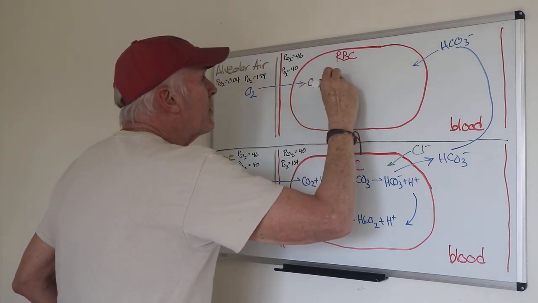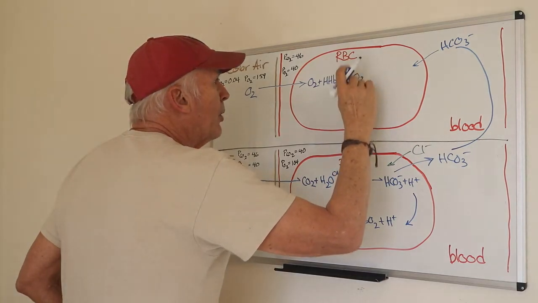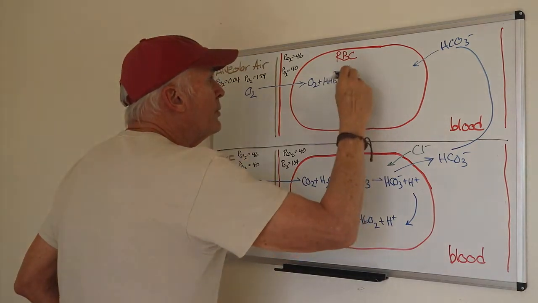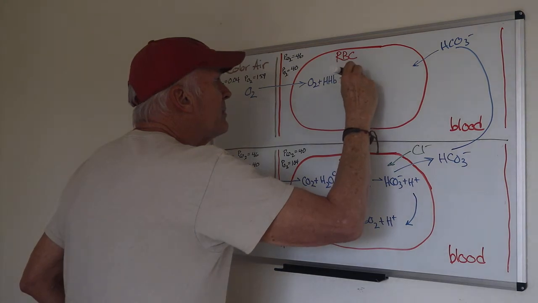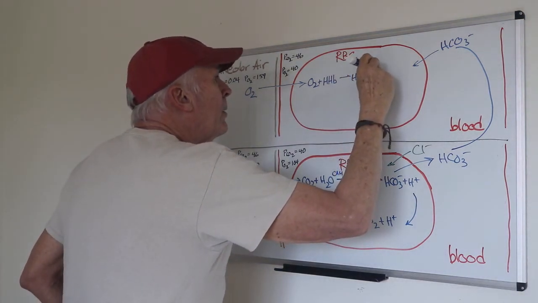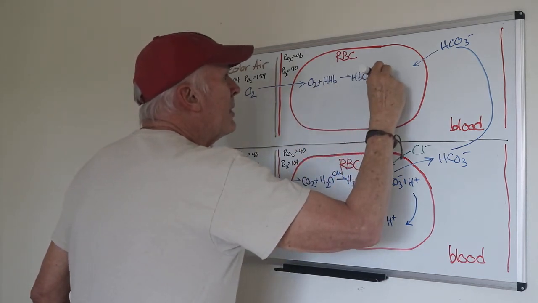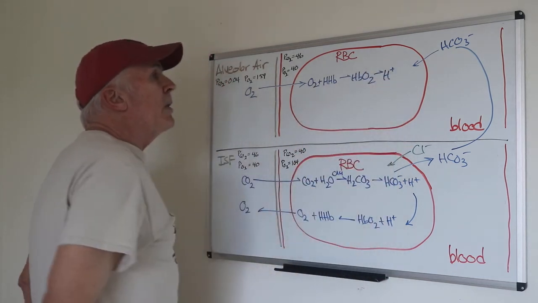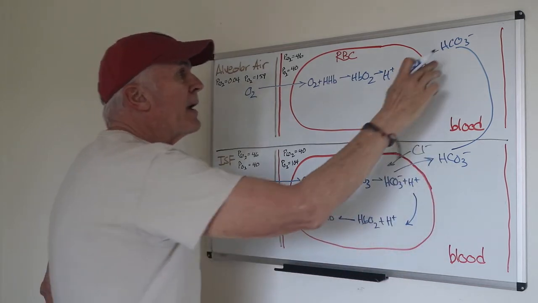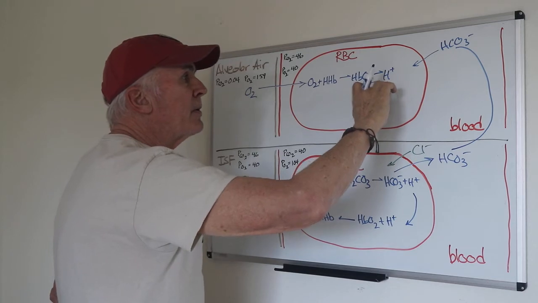So what's that going to create? That's going to create HbO2, all right? This is oxyhemoglobin. And remember, we then kicked off the hydrogen, so we have a hydrogen up here. Well, by golly, here comes a bicarbonate ion that has traveled all the way from the tissues back into the lungs.